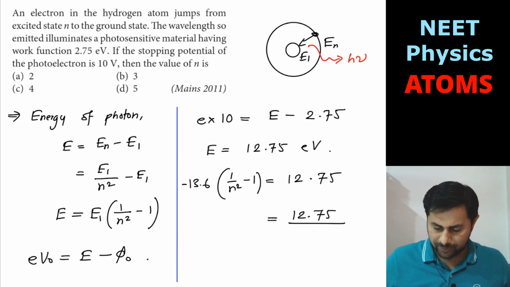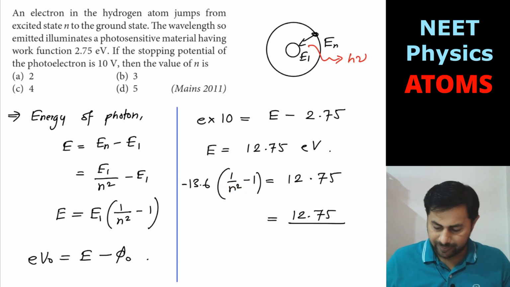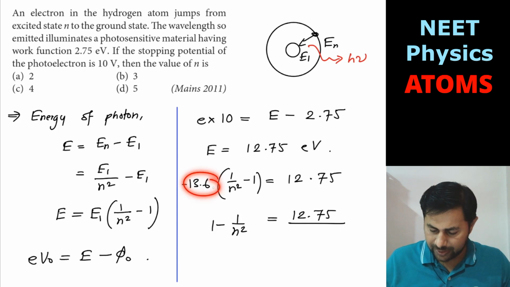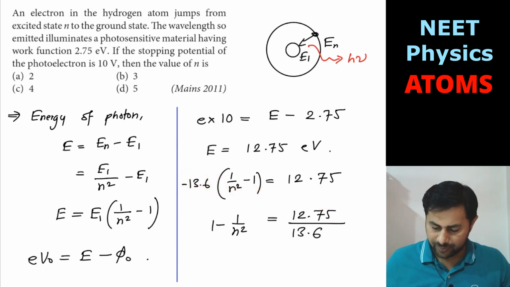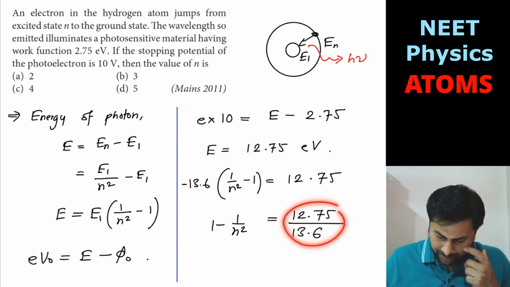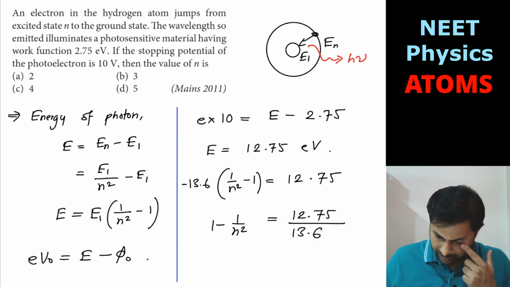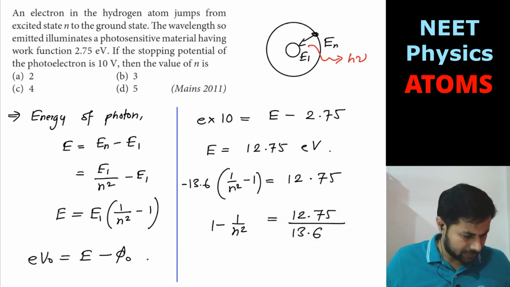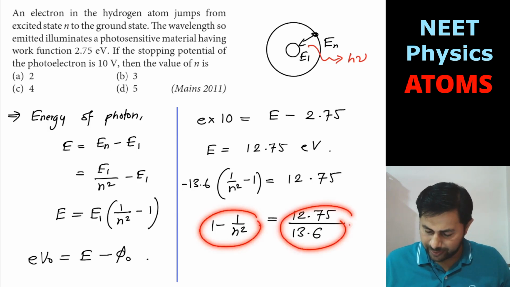Or you can absorb that negative sign inside, so it will be 1 minus 1 by N square. 1 minus 1 by N square is equal to 12.75 divided by 13.6, which is nearly 0.9 or something, I guess.